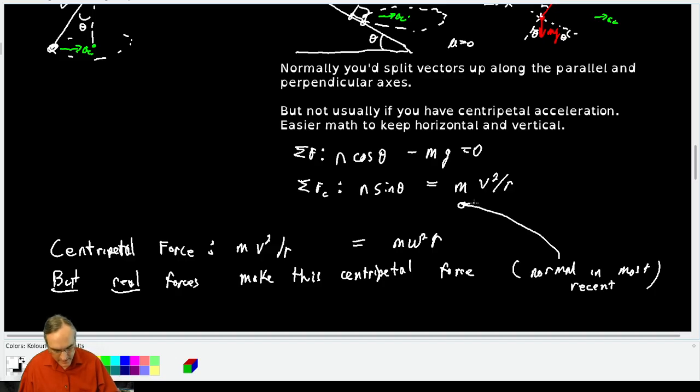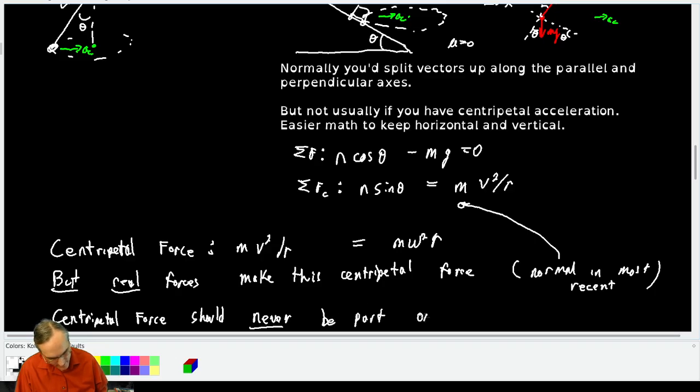So be on the lookout for that. There's always going to be a sum of forces, and one of those forces, or sometimes two or more of them acting together, produce the centripetal force, which has a size of mv squared over r. Centripetal force should never be part of a free body diagram.